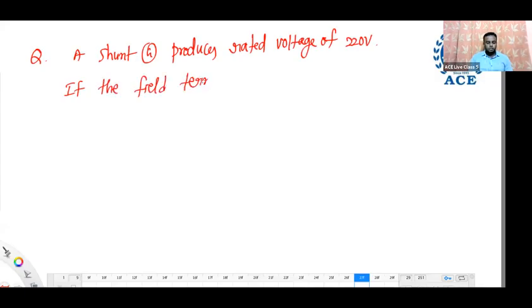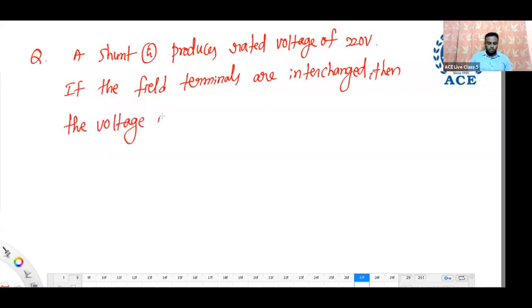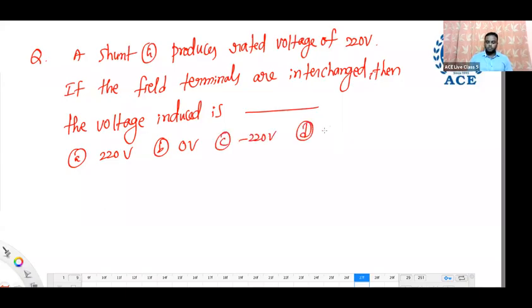If the field terminals are interchanged, then the voltage induced is dash. Same options: 220 volts, 0 volts, minus 220 volts, none of this. What is the answer?